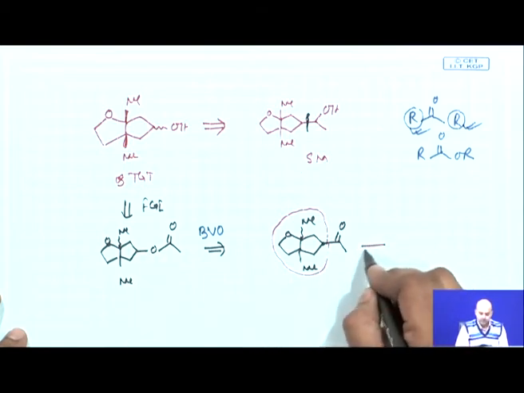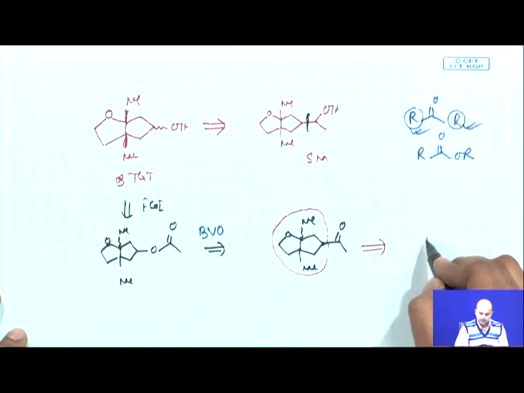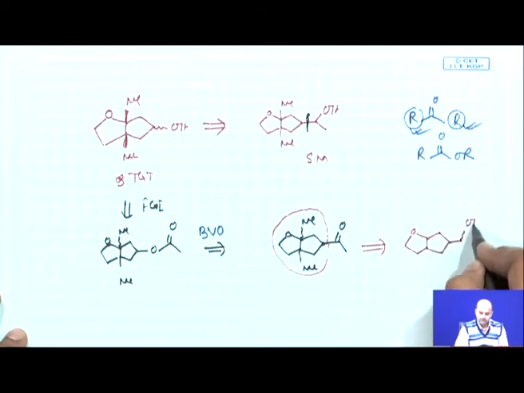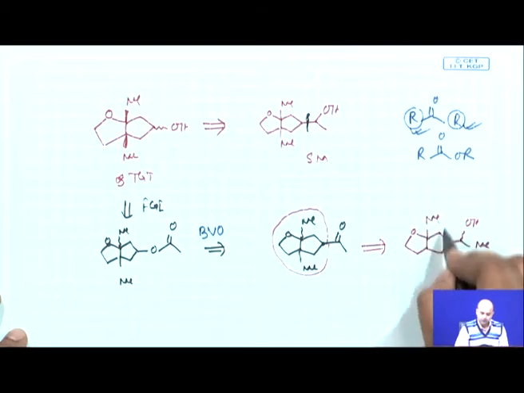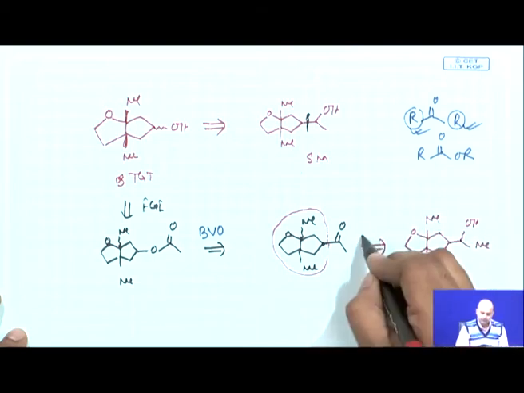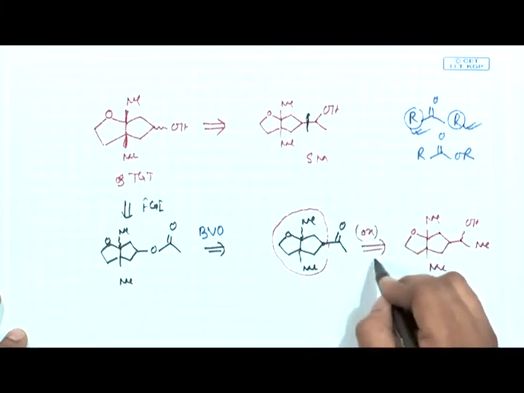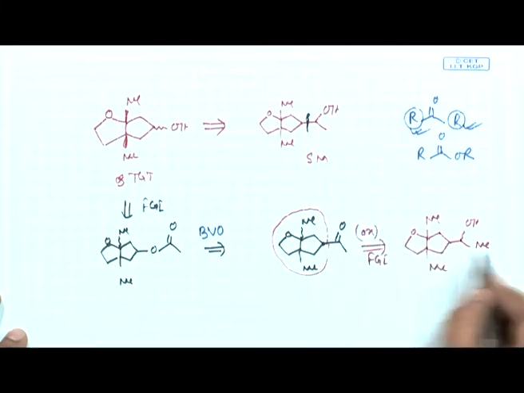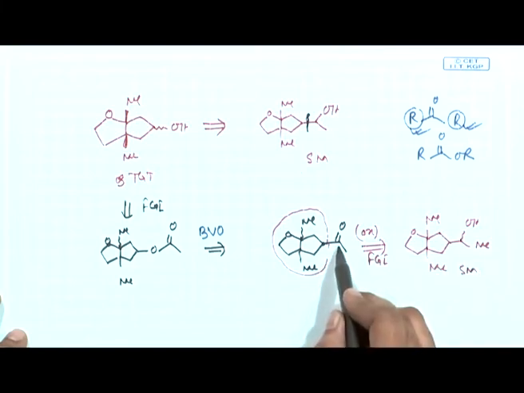Now, how can you convert this to this, or correlate it to the starting material? By a simple oxidation. We are not doing the forward pathway now; I said this is basically an oxidation-based FGI. From the starting material, you do an oxidation-based FGI and you come here.